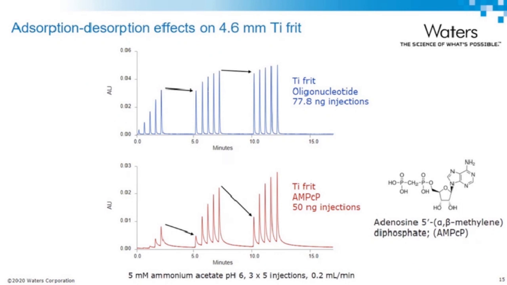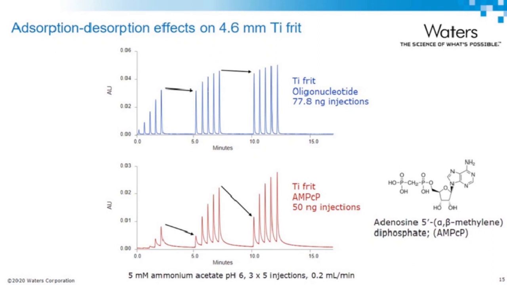However, compared to the oligonucleotide on the upper chromatogram, the peaks are much more tailing, and during the gap between the series of 5 injections, I included those gaps deliberately, you can see that there is tailing.